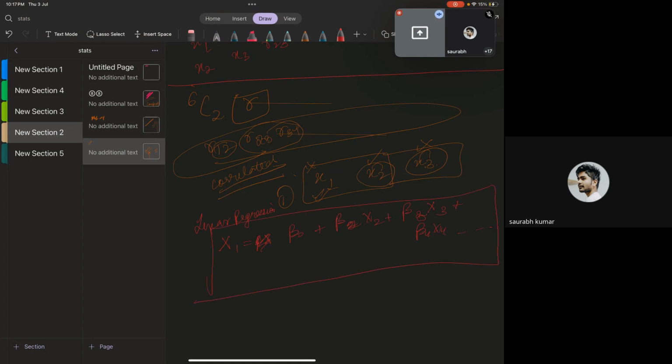Now, what does each variable tell me? The weightage of the variable in the model.